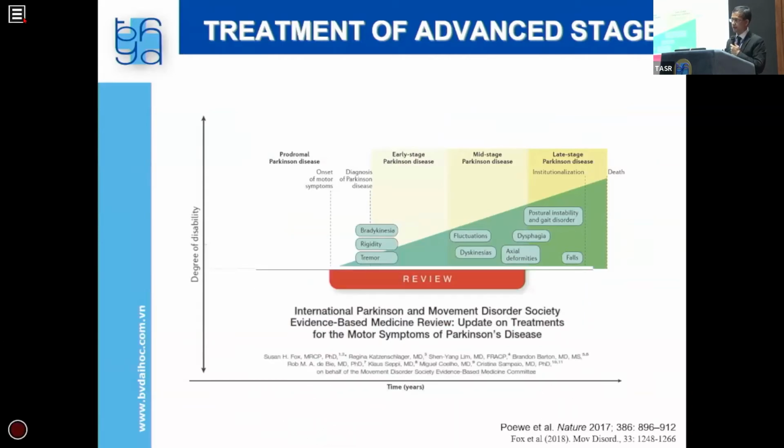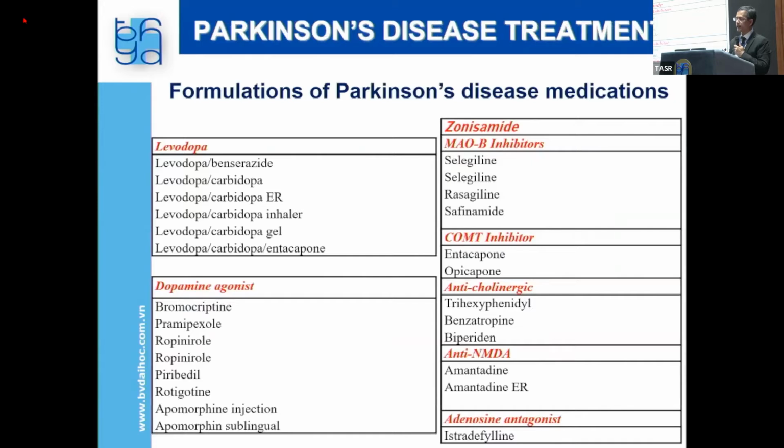This is the update for the treatment of motor symptoms of Parkinson disease, which you can refer to. You can see there are many kinds of medication for Parkinson disease up to now. We have levodopa in oral form, inhaled form, and gel infusion, and we also have dopamine agonists in oral, patch, injection, and sublingual forms.